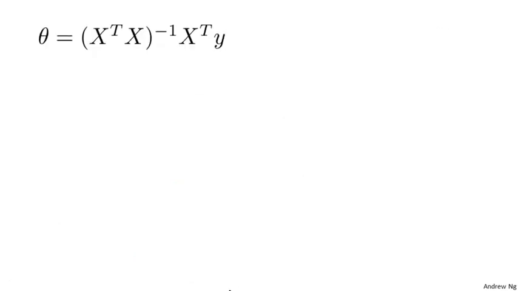I just want to make sure that this equation makes sense to you and that you know how to implement it. So, concretely, what is this X transpose X inverse?